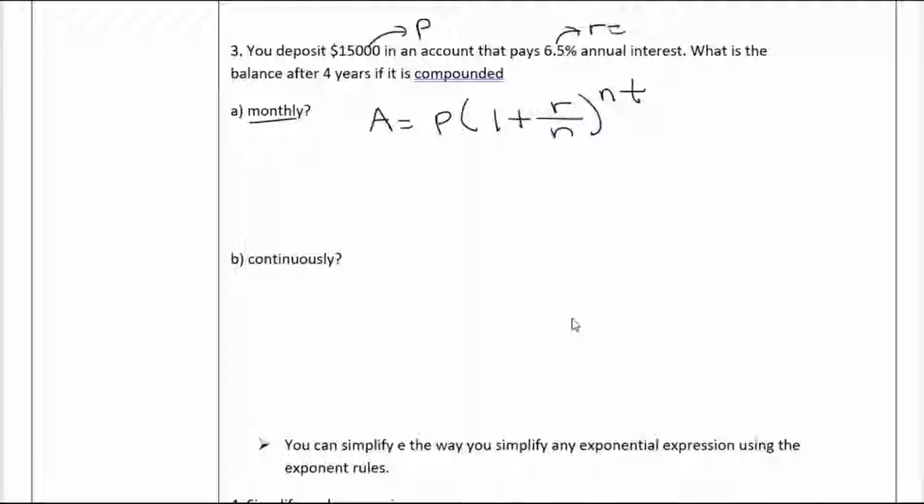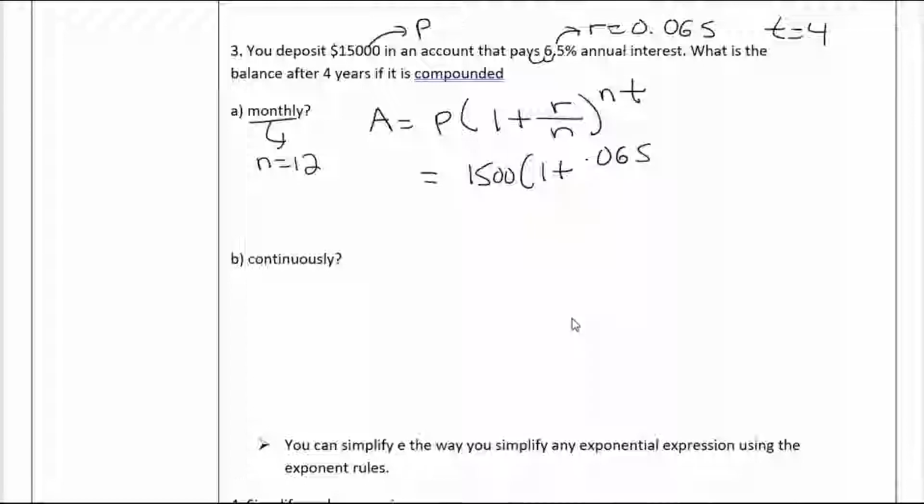Your interest rate is R, and you have to convert that to a decimal by moving the decimal place twice to the left, so 0.065. The balance is after 4 years, so T equals 4. For monthly, you're doing it 12 times in a year, since there are 12 months in a year. So we have $1,500 times 1 plus 0.065 divided by 12, raised to the 12 times 4.